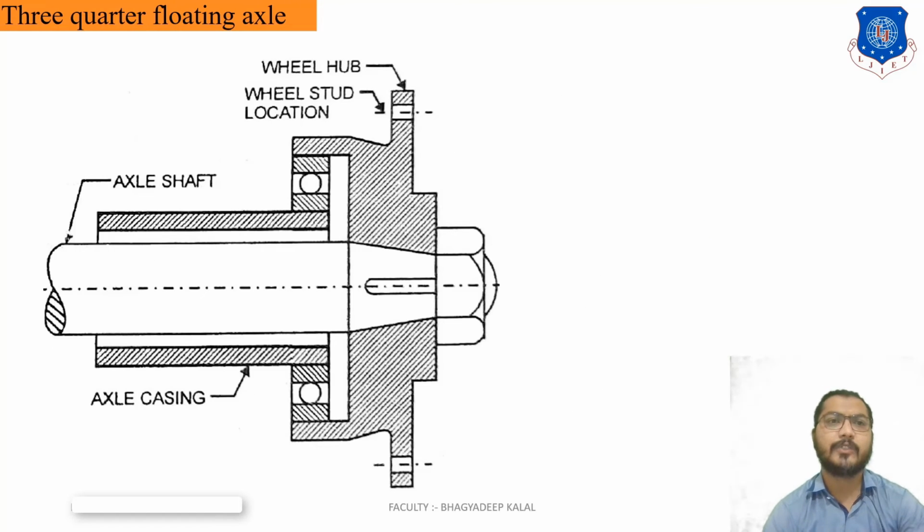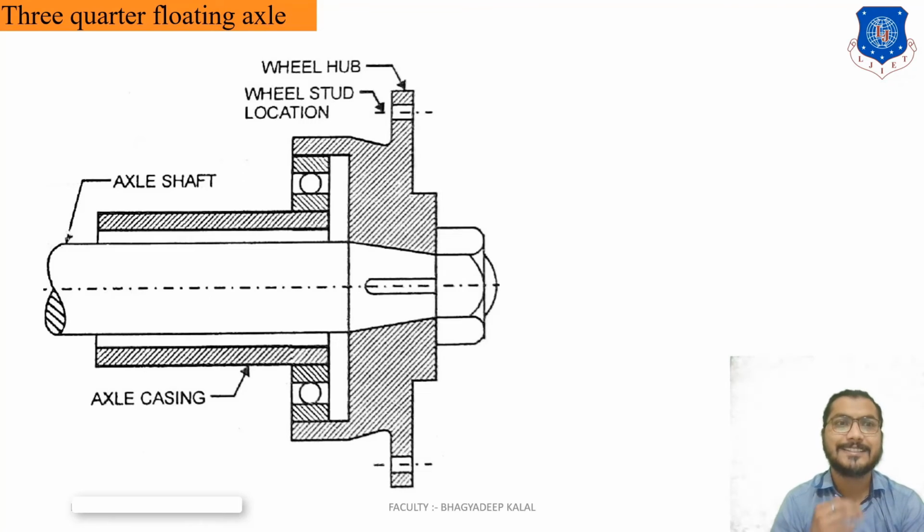Next is the 3/4 floating axle. The 3/4 floating axle is in between the robust full floating axle and the simplest semi-floating axle, which we already discussed in the previous slides.